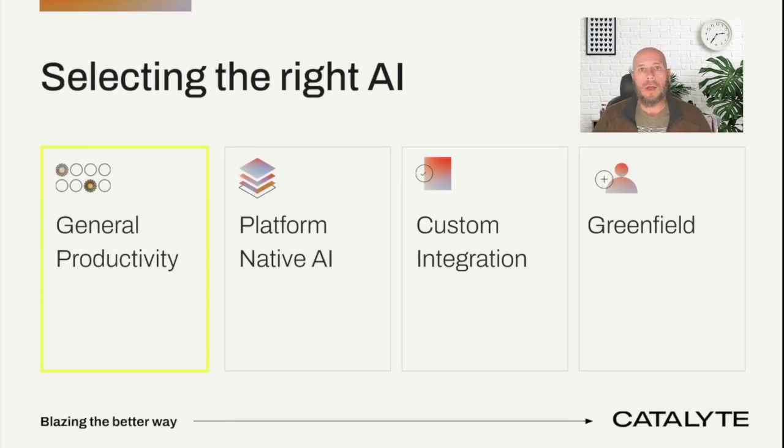Okay, so first we've got general productivity AI, and this is going to be things like Copilot 365 or Watson or Gemini, and they're going to be large scale AI systems that are typically aligned with a hyperscaler and aimed at providing AI services to your entire organization. And these are a bit of an easy button, and it's nice to be able to flip a switch and just AIify your entire organization.